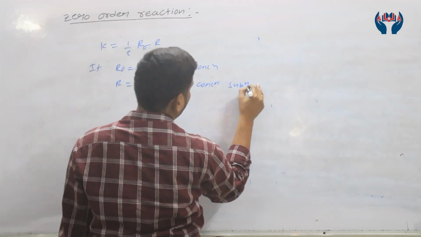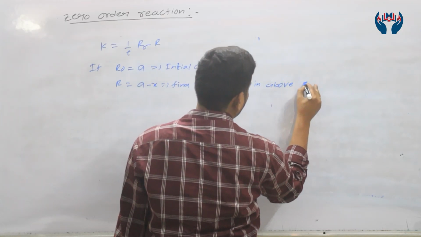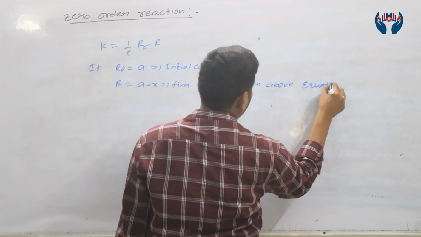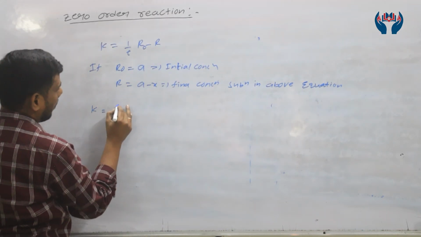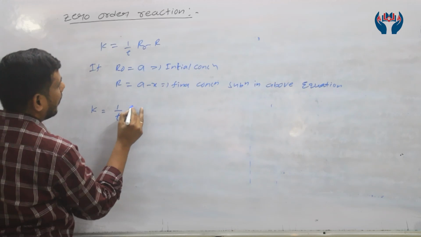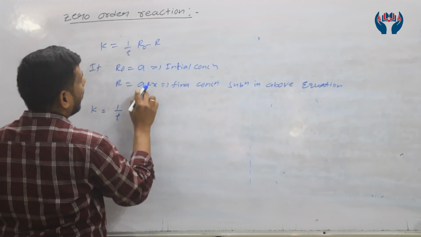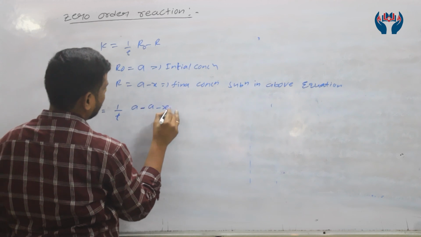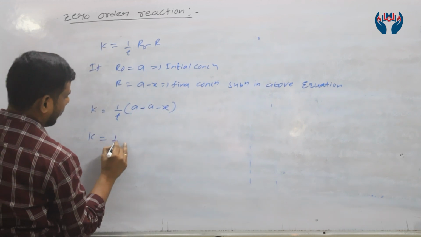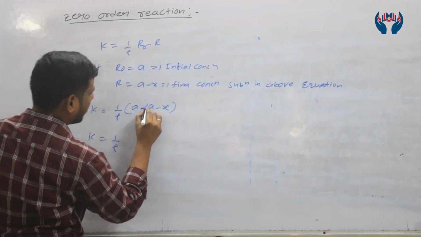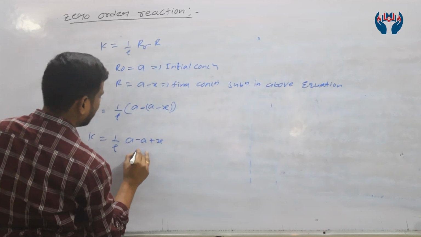Substituting in the above equation, K equal to 1 by t into (R0 value a minus R value a minus x). Therefore, K equal to 1 by t into (a minus a plus x).